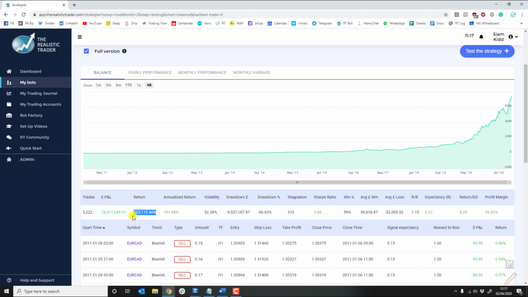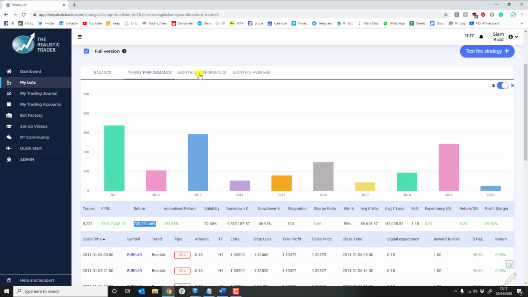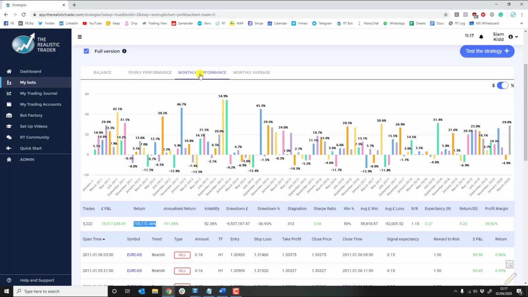Yeah, that's the ROI, etc. Now, that's basically if you did nothing, just left it. So what I tend to look at is actually the monthly performance. This gives you a far better representation of how the bot actually did. So you can see what the bot did every month during that time. Lots and lots of winning months.